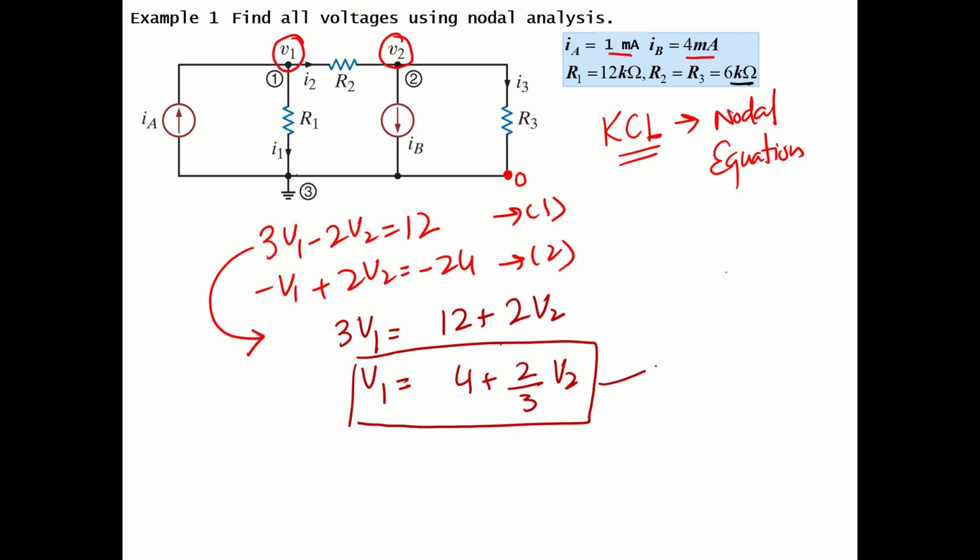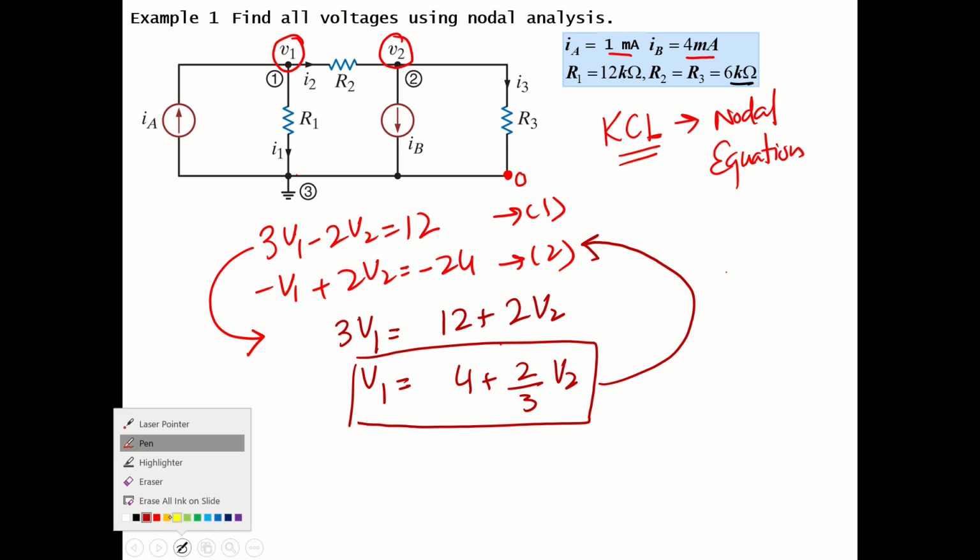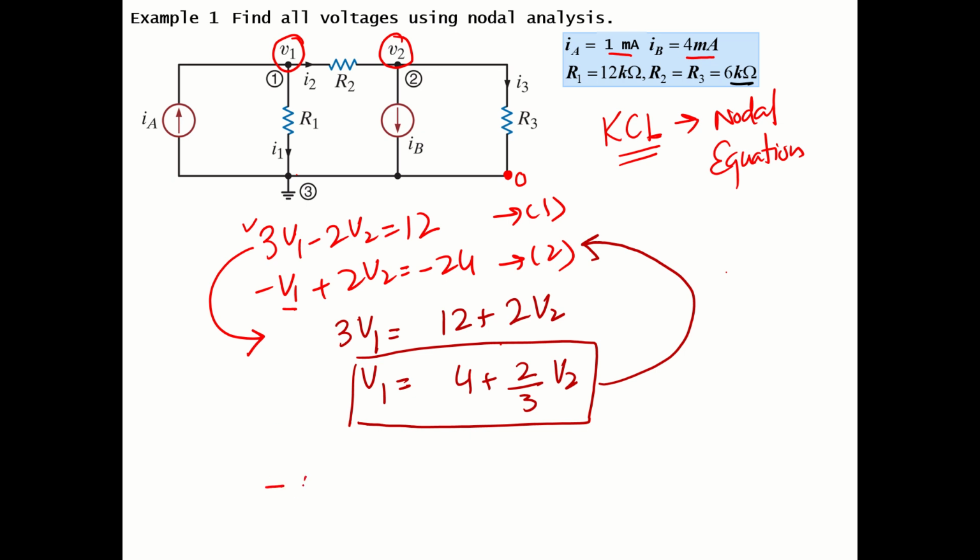Now let's substitute this one into the second equation. So v1 is 4 plus 2 over 3 v2. We have minus v1 here, so that will become minus 4 minus 2 over 3 times v2. Then we have plus 2v2 is equal to minus 24.